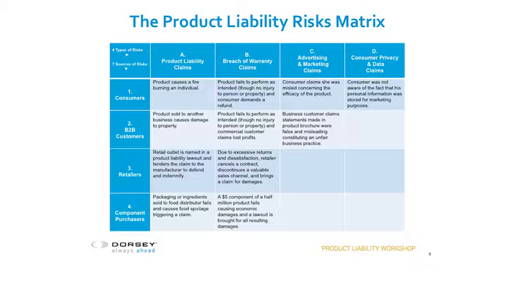So if we put these together, we have a little matrix. And I've tried to, some of these don't really apply. What I've tried to do is just give a sentence scenario with respect to how these product liability claims can come from these product liability sources. You can also refer to this, as I do, as product liability bingo.